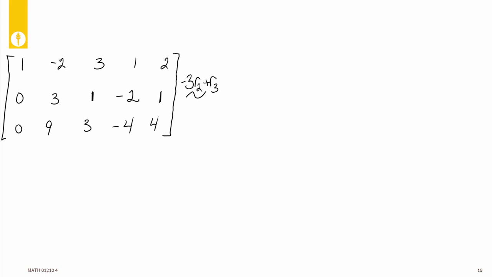Or you could do what? If you're following the algorithm to the letter, you'd make that 3 a 1. You'd multiply row 2 by a third first. Yeah, I don't see the point in doing that just yet, so. Oh, yes. Negative 3 times 1 plus 3.